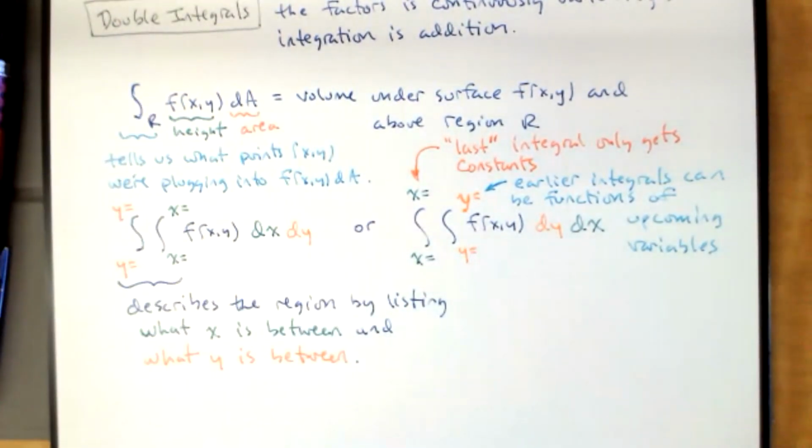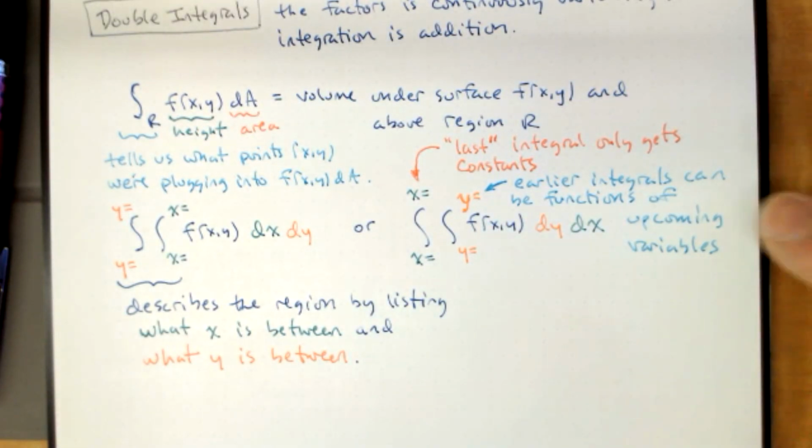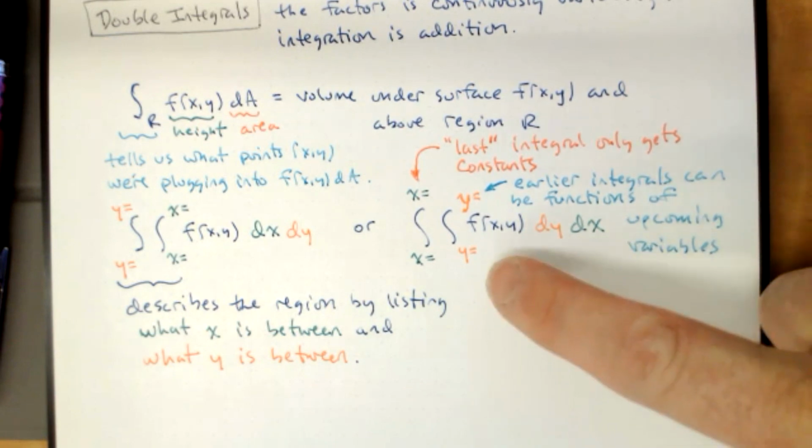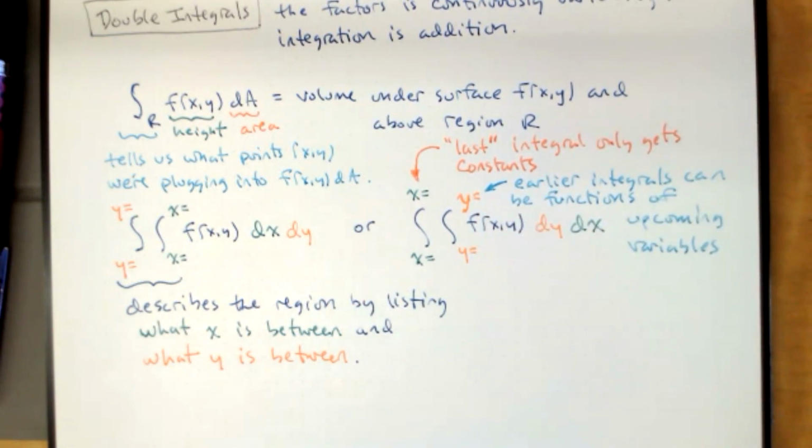The earlier integrals get to use functions of upcoming variables. So in this one that's labeled, if dy is first, that means this first integral can use functions of x.